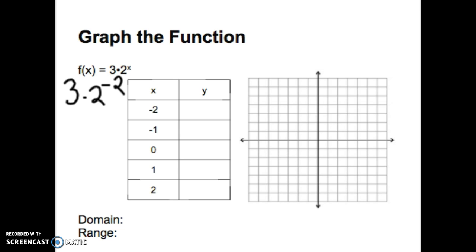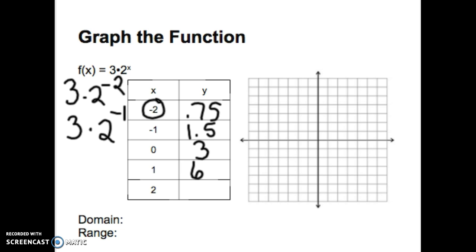Here, our first value is -2. We plug it in for x, and we end up getting 0.75. We plug in -1, so 3 times 2 to the negative first, we get 1.5. Continuing on with our calculator, we get that our next value is 3, the following value is 6, and finally we get 12.